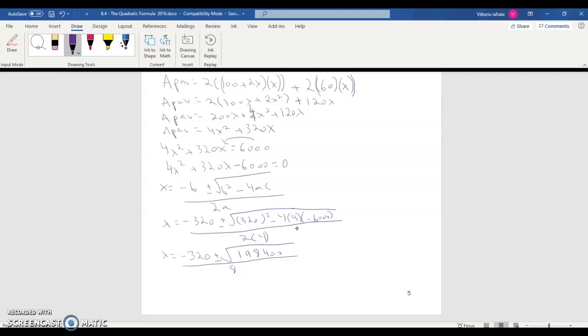And now what I can do is go and figure out the plus and minus pathways. So I'll do the plus pathway this way, the minus pathway this way. So I get x is equal to negative 320 plus square root of 198,400 divided by 8. So let's try that out, see what we get.